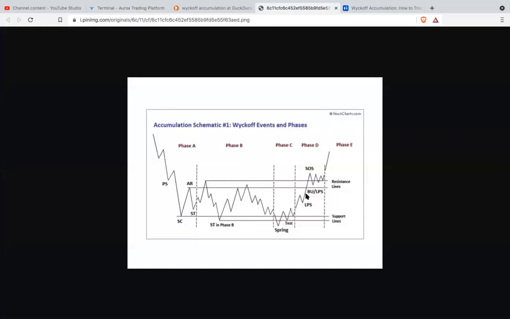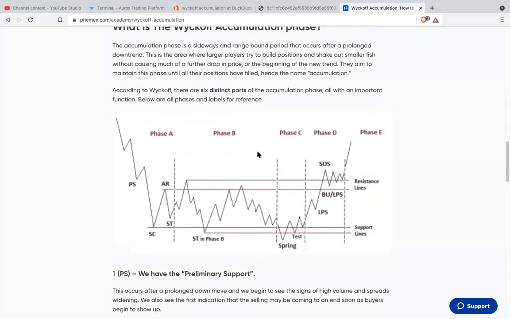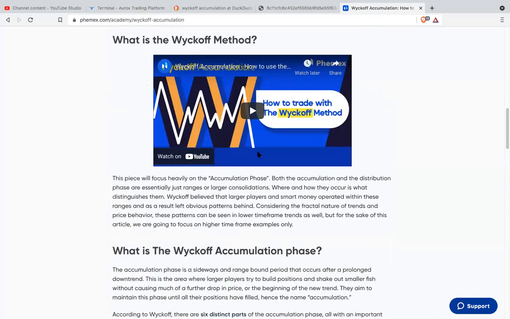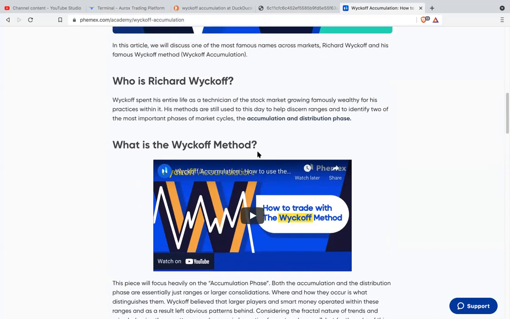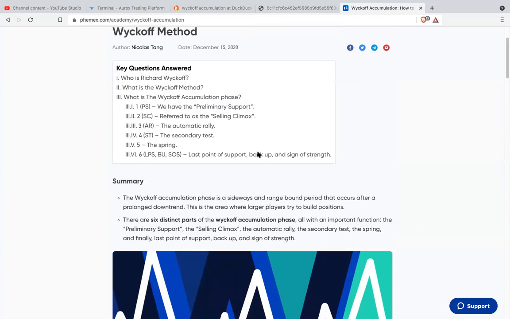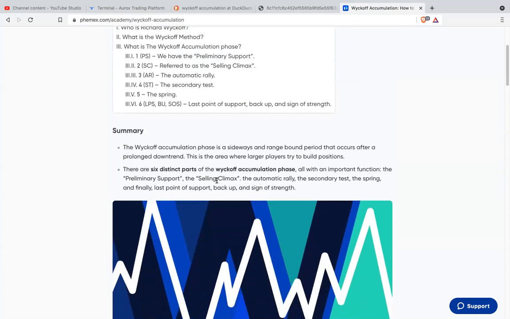In this case, the E is just where it marks back up. And the D is the last point of supply, sign of strength, backup. I don't know, we have some language here, the actual names of the phases. So you had that preliminary support. What else do we have here? Where is it? Oops, there we go. So we had that preliminary support, a selling climax, automatic rally, secondary test, a spring.